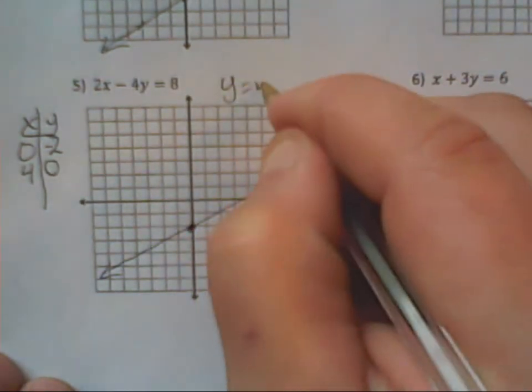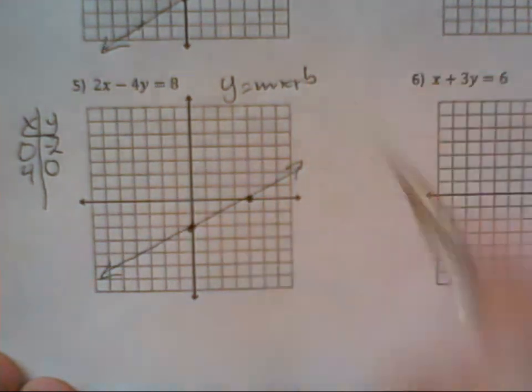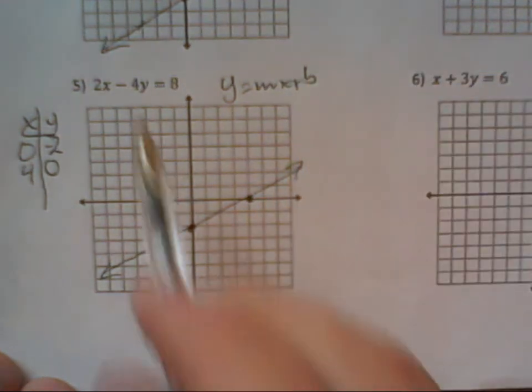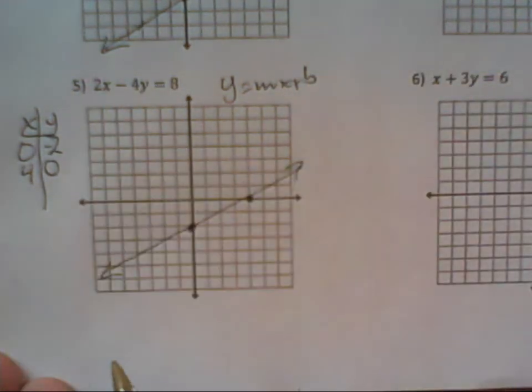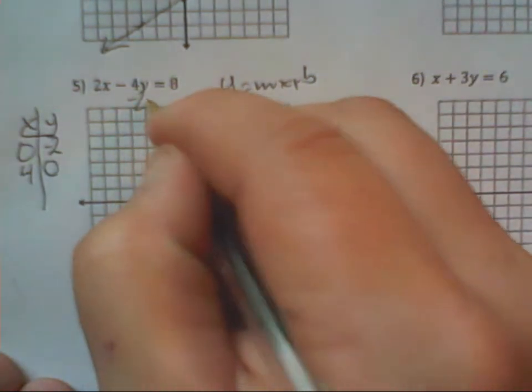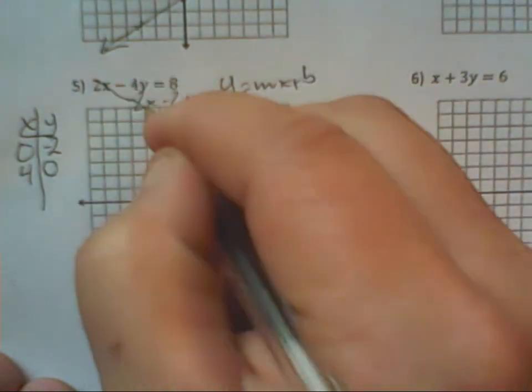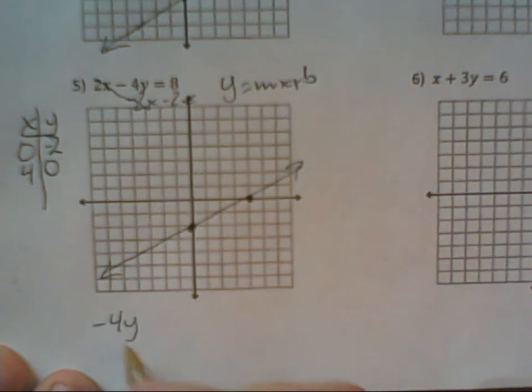Now another way to do this problem is to get the y by itself and put it into y equals mx plus b form, slope-intercept form. Well, in order to do that, we would start by subtracting 2x from both sides. And if I subtracted 2x from both sides, I would have -4y is equal to -2x plus 8.